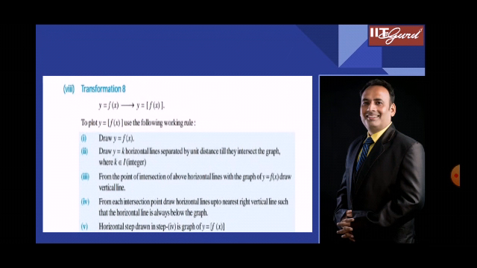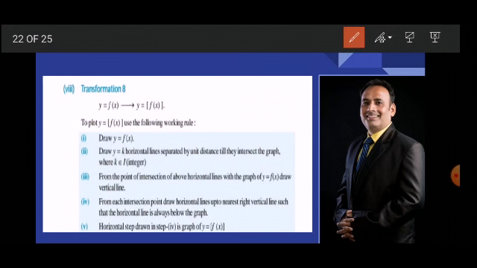Then find the points of intersection of the above horizontal lines with the curve y equal to fx, draw a vertical line, and from each intersection point draw a horizontal line up to the nearest right vertical line, so that the horizontal line is always below the graph, for which we used green color over there. And the horizontal steps in step 4 are the graph of y equal to GI of fx. This is the graph of y equal to GI of fx. This type of portion is what we have done over there.